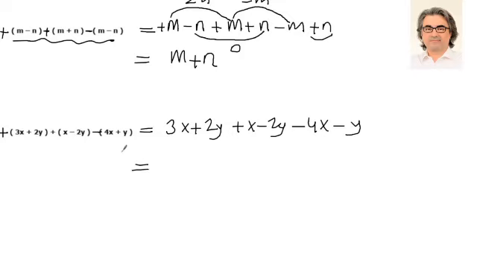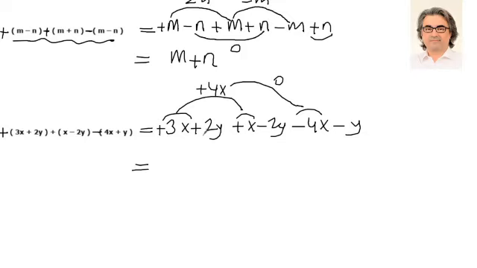Let's continue and make the operations between the like terms. 3x, x, and minus 4x. They are like terms. 3x, it's plus 3x, plus x is plus 4x. After that, plus 4x, minus 4x. The result is 0. Plus 4, minus 4. There is nothing from x.